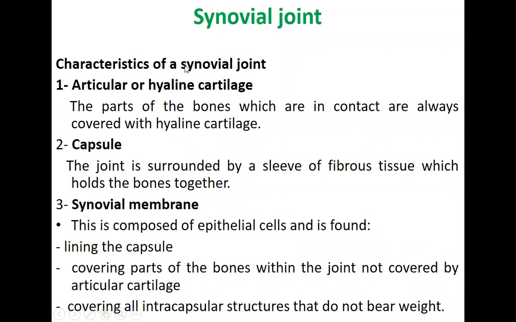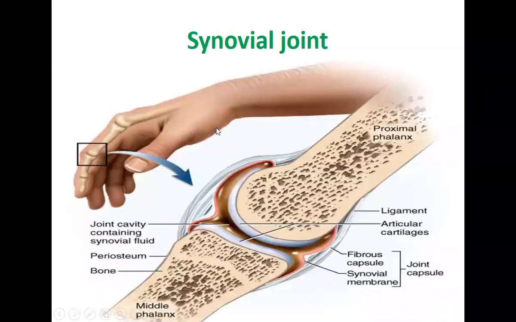One, these are lined by articular or hyaline cartilage. The parts of the bone which are in contact are always covered by hyaline cartilage. If you see here, this is one bone, this is the second bone. They are covered by a thin, very good hyaline cartilage in between, called the articular cartilage. The two bones are not directly in contact with each other, but with the cartilage.